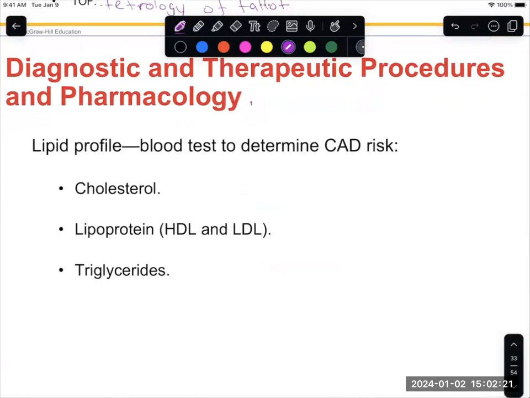Okay, so a lipid profile, this is a blood test that can help us determine this person's risk of coronary artery disease. And what we check is total cholesterol, which is made up of high density lipoproteins, which is your good cholesterol, and then your low density lipoproteins, which is your bad cholesterol.